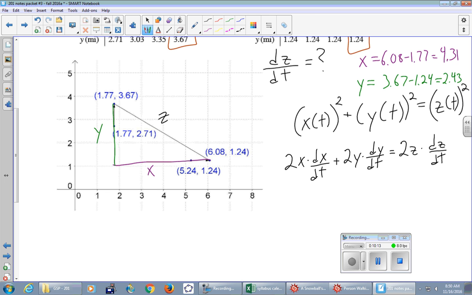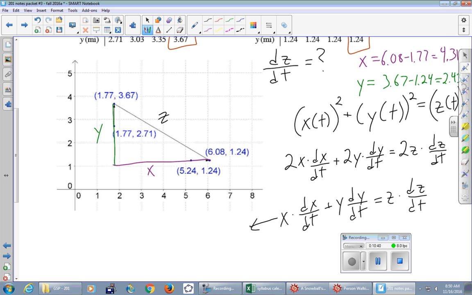Good. Okay, so we're ready to plug in here, but the fact is we got all these 2's that we don't need, right? We can divide everything by 2 and just write a slightly simpler version of this. So I'm a fan of that. Okay, so now we start plugging in.